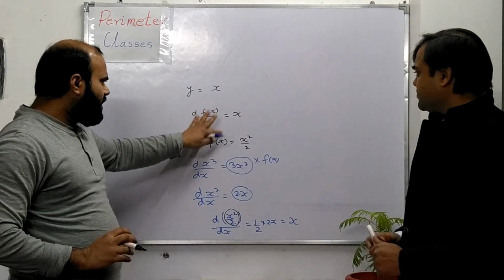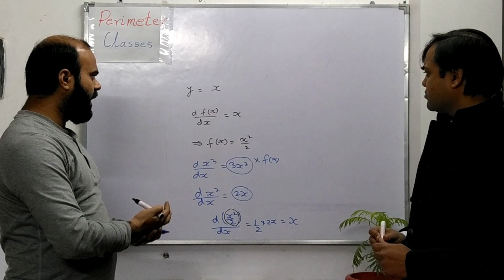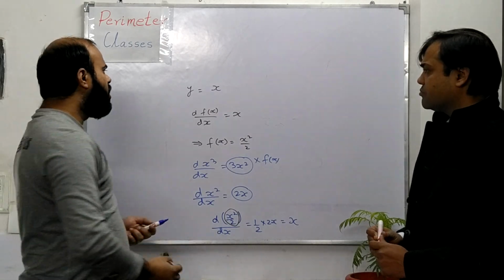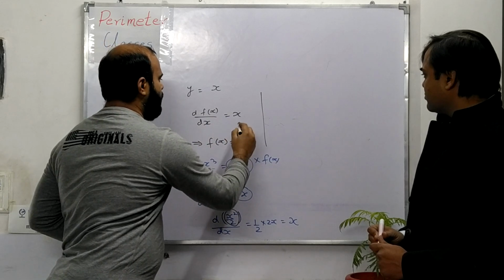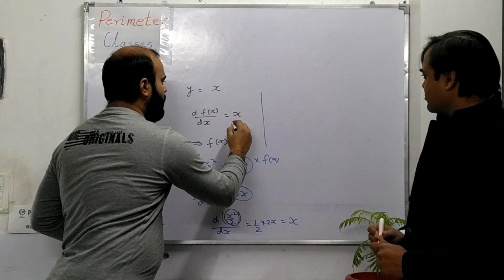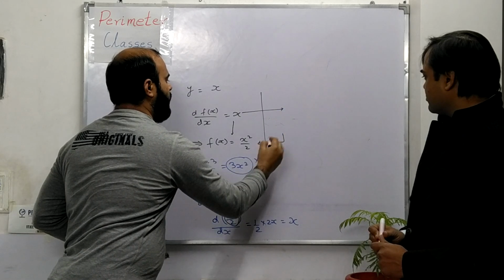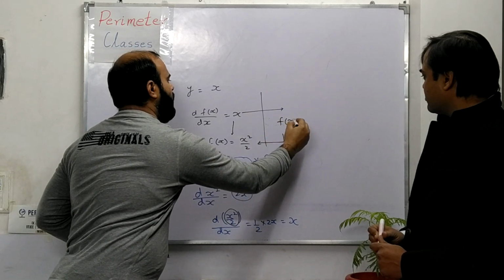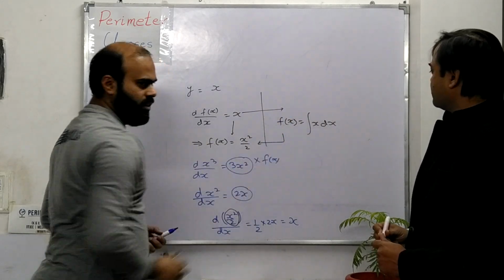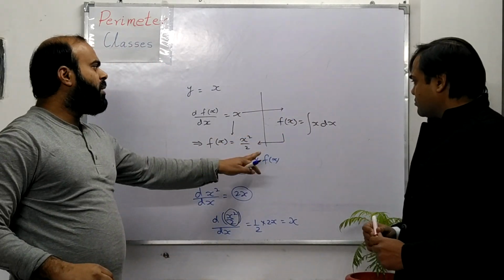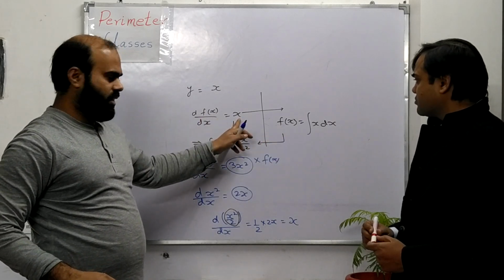So now, is there a process here? We have done hit and trial. Is there a process from which we can directly write it? Instead of doing this hit and trial, we can write this expression: f(x) is actually the integral of x dx. This simply means that f(x) is a function which when differentiated gives x.